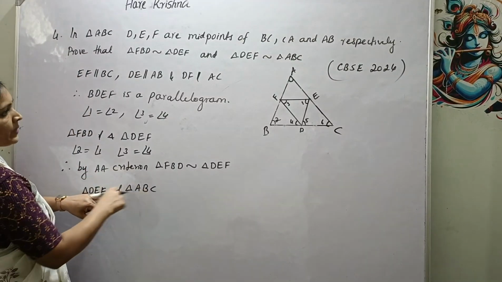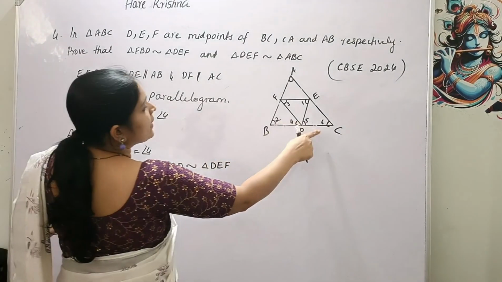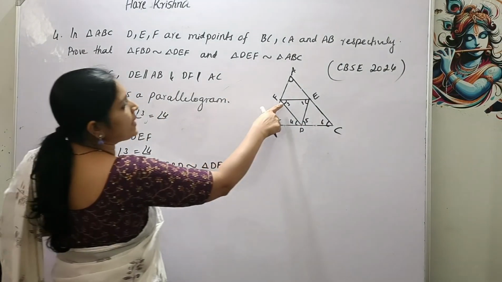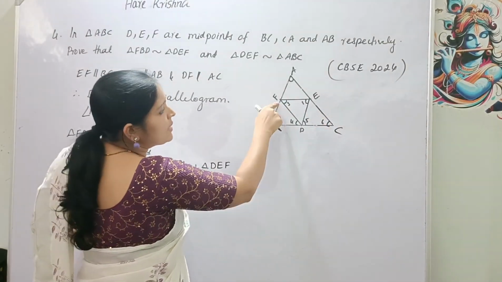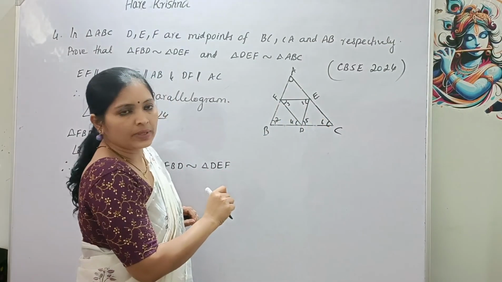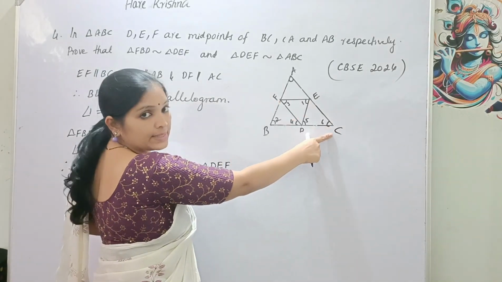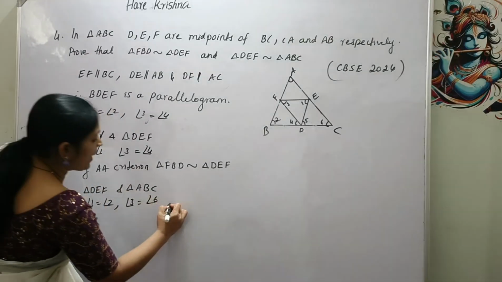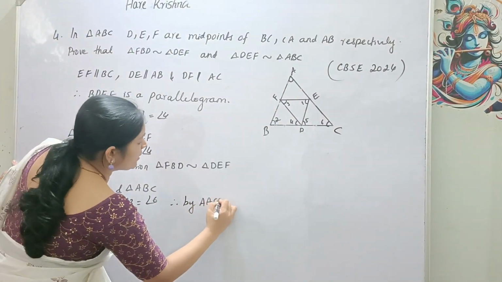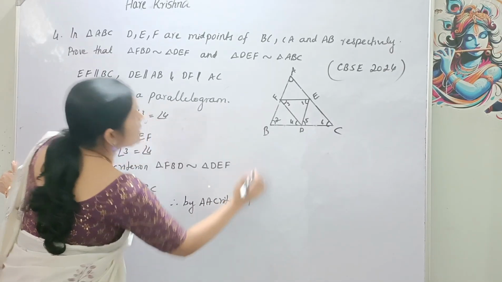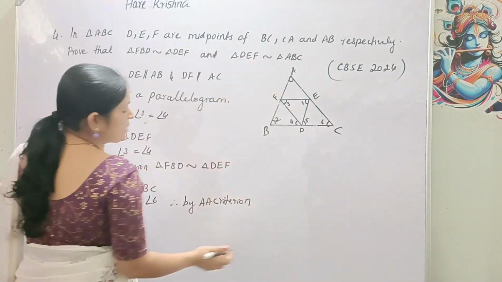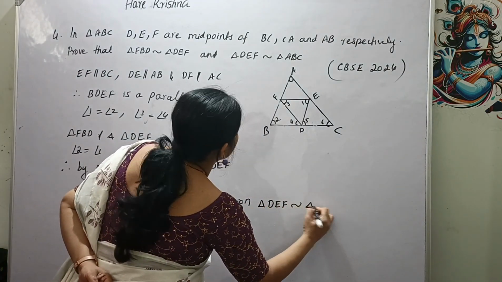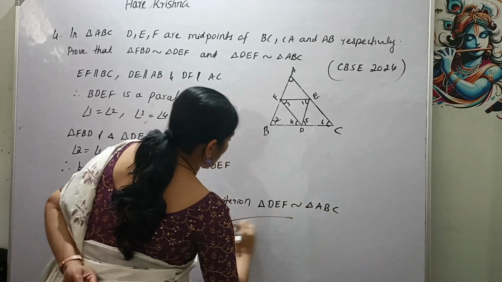And next, see, angle F and angle C. Angle F is equal to angle 3. It is a parallelogram, right? So, here angle 3 is equal to angle 6. That is, angle F is equal to angle C. Again by AA criterion, triangle DEF is similar to triangle ABC. Hence it is proved.